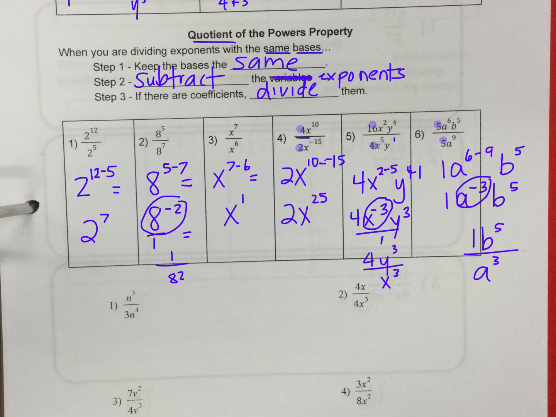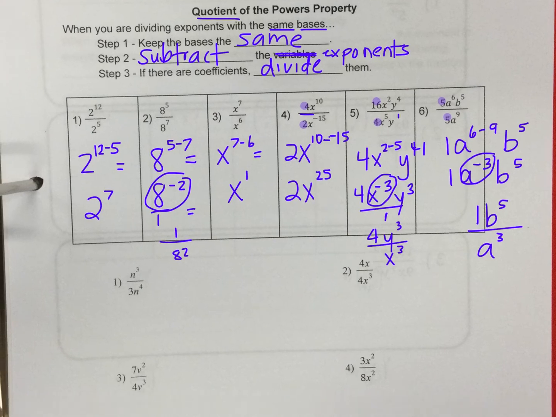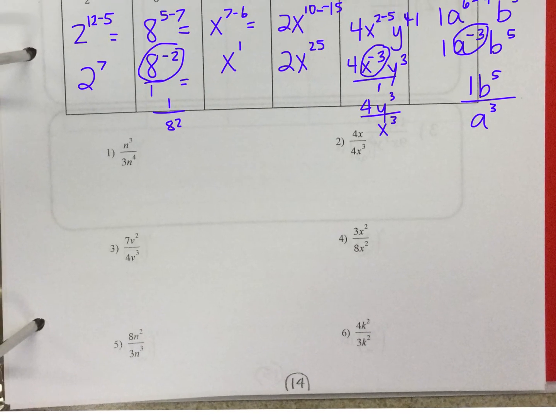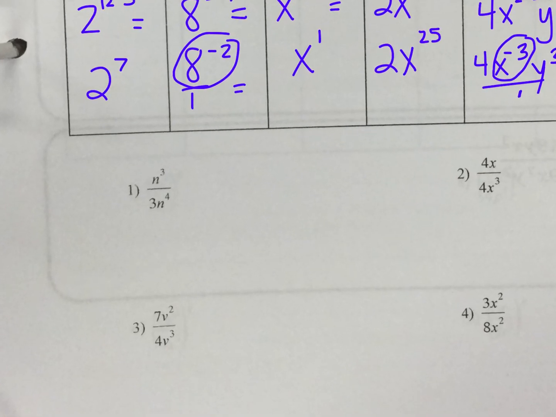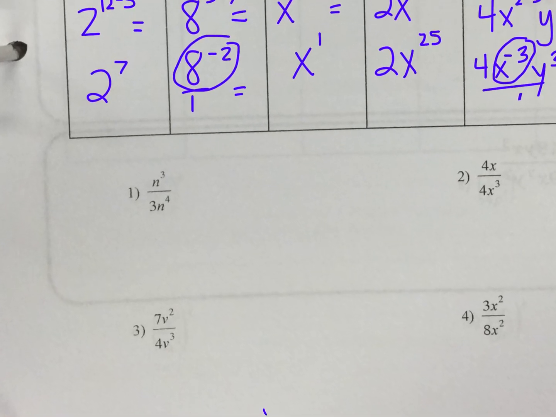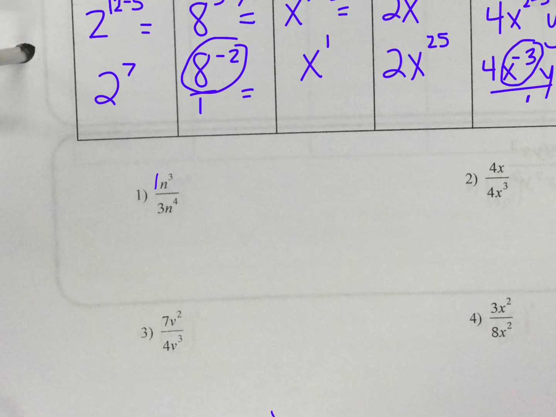I'm going to do 4 practice ones with you so that you can do the last 2 on your own, because these are difficult and a little bit different. So I know there's really a 1 right here. Let me make this bigger. A 1, if I would write it, in front of this n. So if I divide these front numbers, 1 divided by 3, I get a decimal.